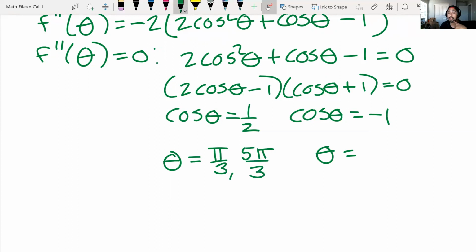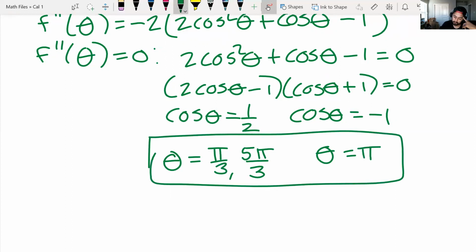And then where is cosine equal to negative 1? That's at pi. These are my possible inflection points, my PIPs.